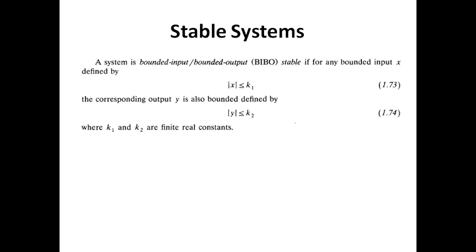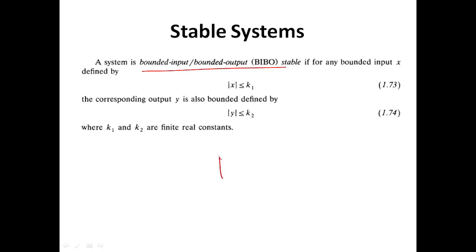Now the stable systems. What are stable systems? Usually in biomedical systems or any other systems, there is a word called BIBO stability, bounded input, bounded output, stable. Say for example, again I will take the example of a non-inverting amplifier.